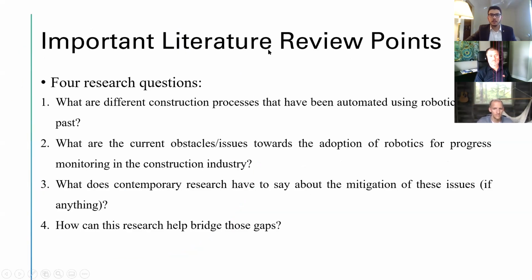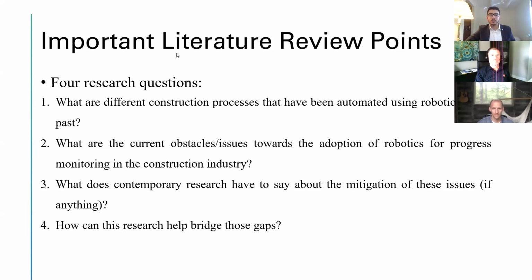Now, moving on to some of the important literature review points. There were 4 basic questions that we focused on when we were going through this literature review process. The first one was, what are the different construction processes that have been automated using robotics in the past? So trying to understand what different processes have been automated already.